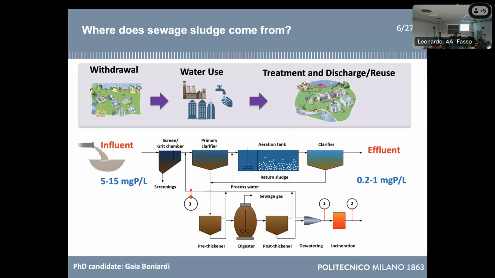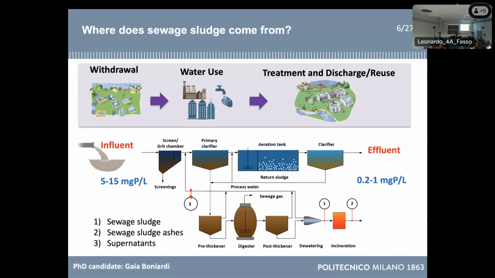We have strict regulations regarding the concentration of phosphorus in the effluent to prevent the eutrophication of the water bodies. So more than 90% of phosphorus concentrates in the sewage sludge. That's why sewage sludge is a very interesting and promising source of phosphorus.